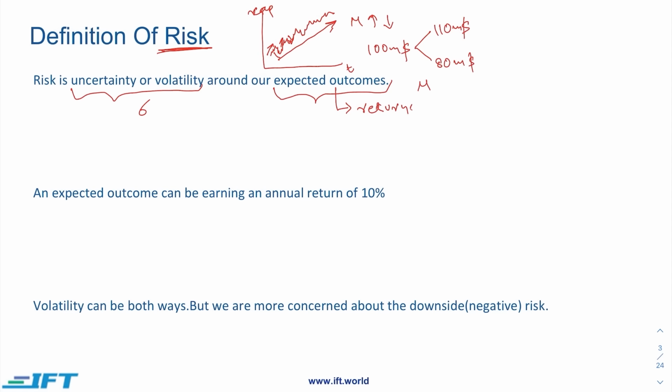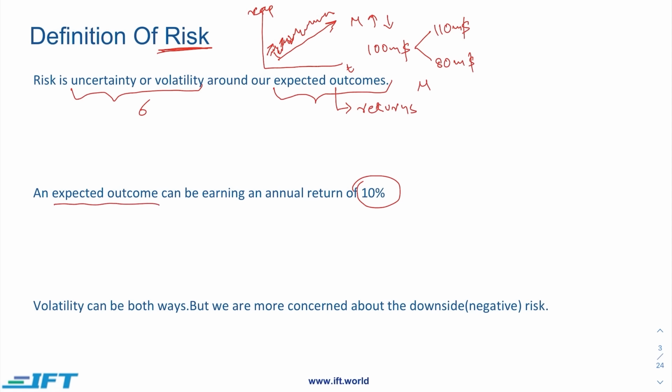We are more interested in knowing what sort of returns we'll have, what sort of outcome we'll have. Will we be making enough money investing in this particular financial market or not? That can be referred to as an expected outcome. So we can say that we are expecting an annual return of 10%. That can be our expected outcome.